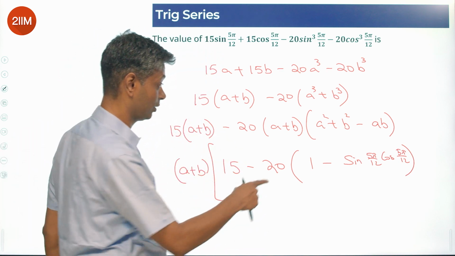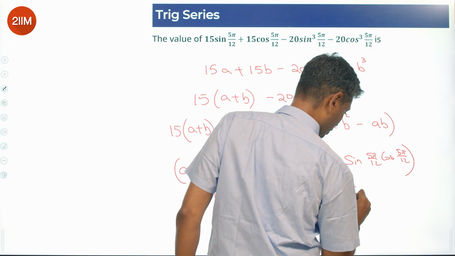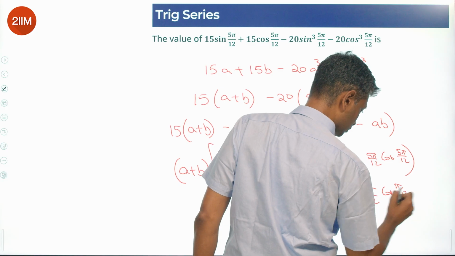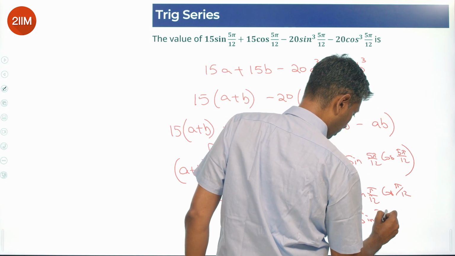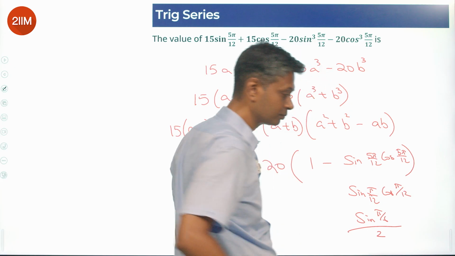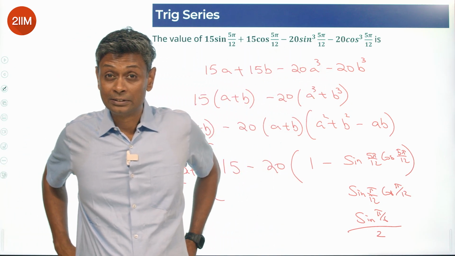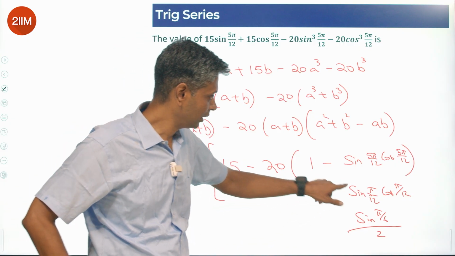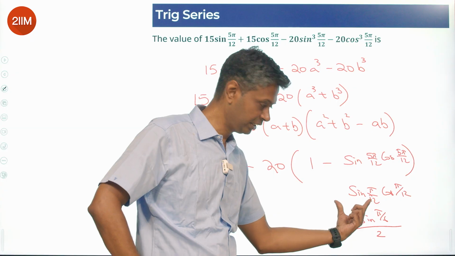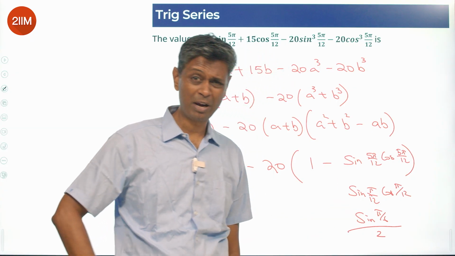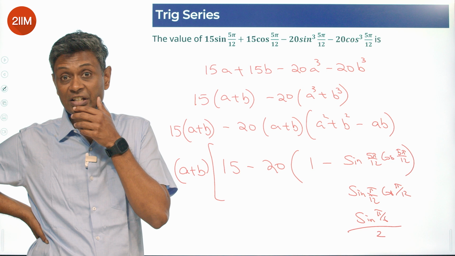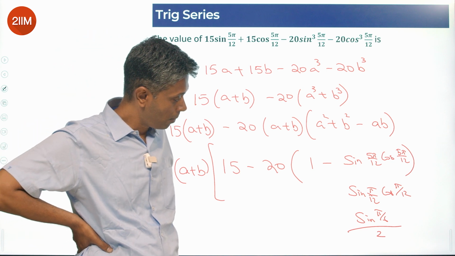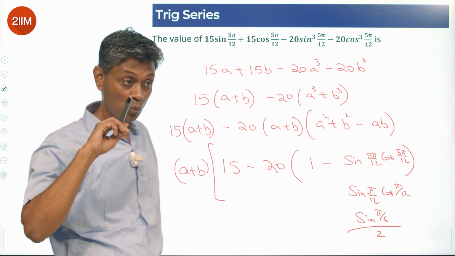So this part can be written as sine pi by 12 cos pi by 12, which is sine pi by 6 by 2. Sin theta is 2 sin theta by 2 cos theta by 2. And so sin pi by 6, pi by 6 is 30 degrees, sin pi by 6 is 1 by 2, 1 by 2 by 2 is 1 by 4, which is brilliant.